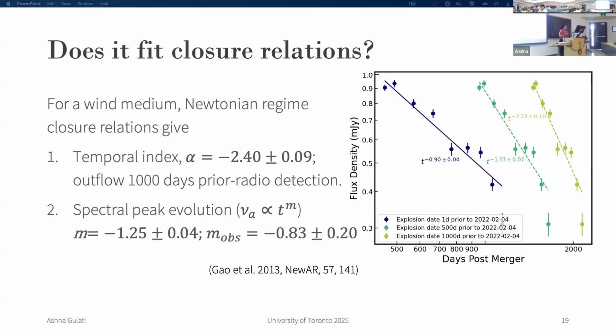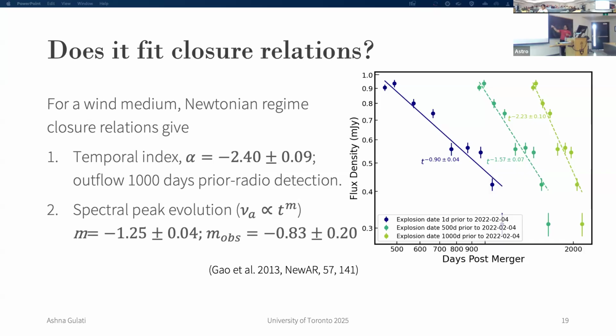So what the closure relations can give us is a temporal index. We extracted the spectral index from the spectra. So what would the theoretical temporal index be? -2.4. Can we compare it to anything? Here on the right, I've got the flux, the 9 GHz light curve, scaled by the outflow launch date. We don't have one, so we have arbitrarily taken 1 day, 500, and 1,000 days prior to first radio detection, and then we take out the temporal index.